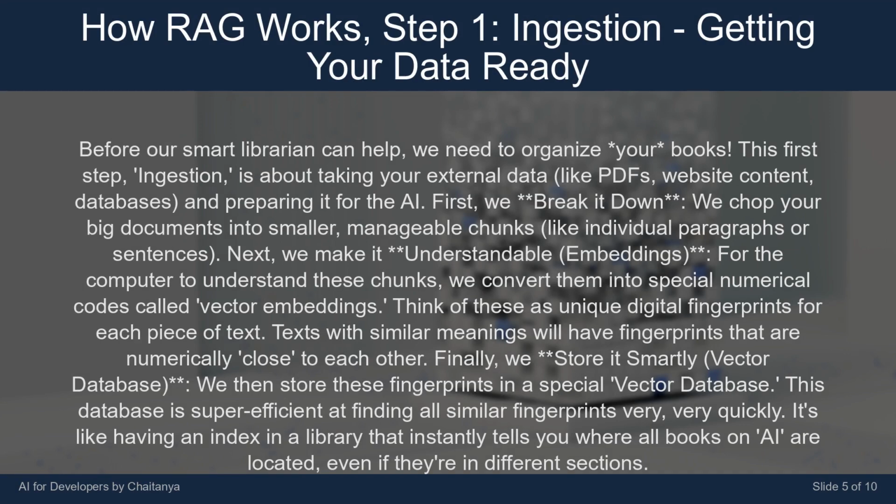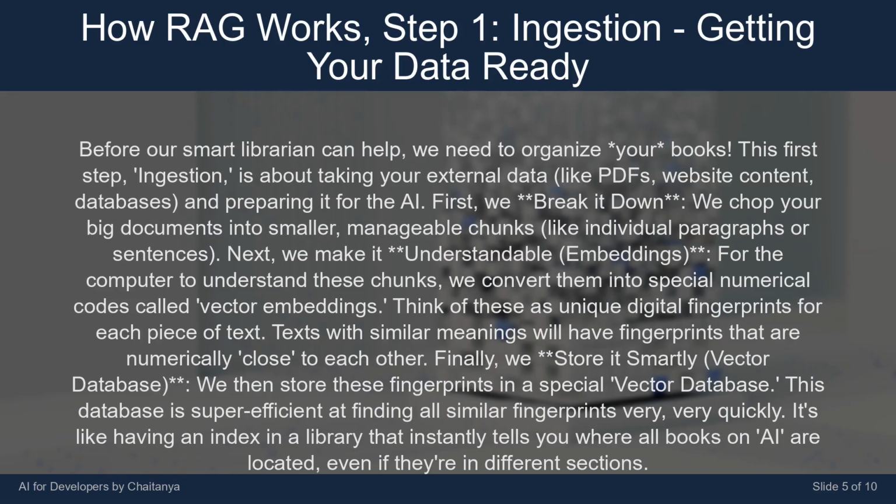Before our smart librarian can help, we need to organize your books. This first step, ingestion, is about taking your external data, like PDFs, website content, databases, and preparing it for the AI. First, we break it down. We chop your big documents into smaller, manageable chunks, like individual paragraphs or sentences.